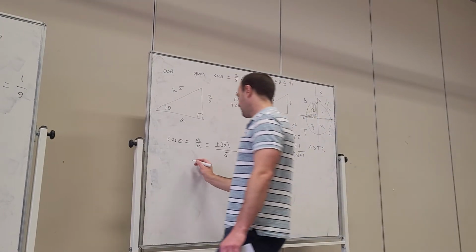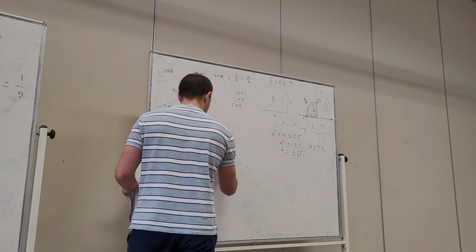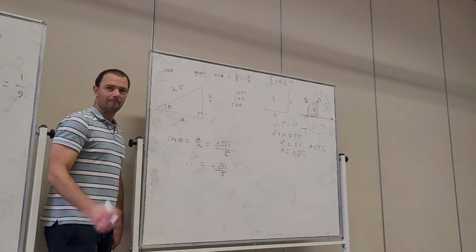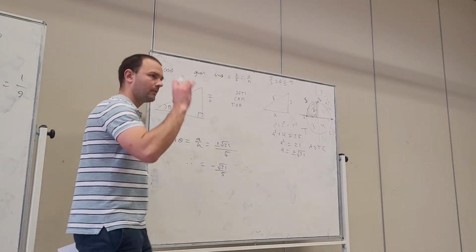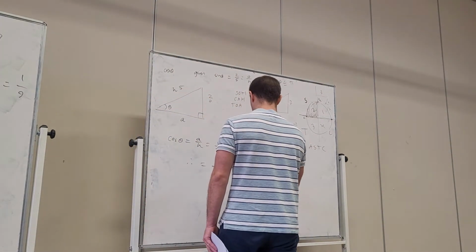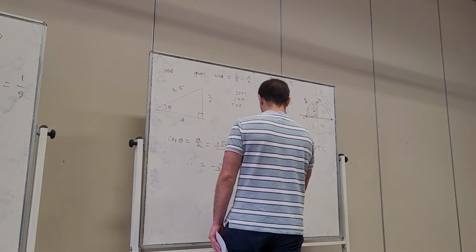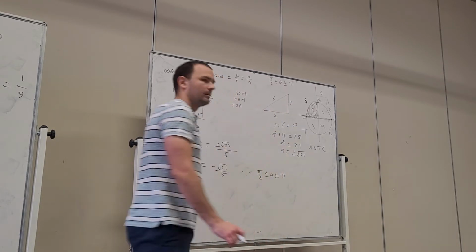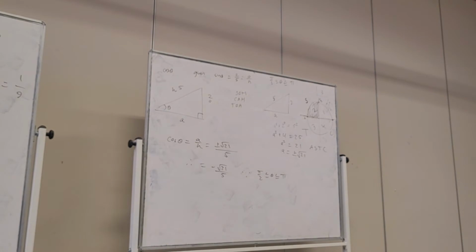So therefore, our answer is minus root 21 on 5 because of the region we're constrained to. Because pi on 2 is less than theta is less than pi, our answer has to be negative. Okay, so they're the two procedures we can use.